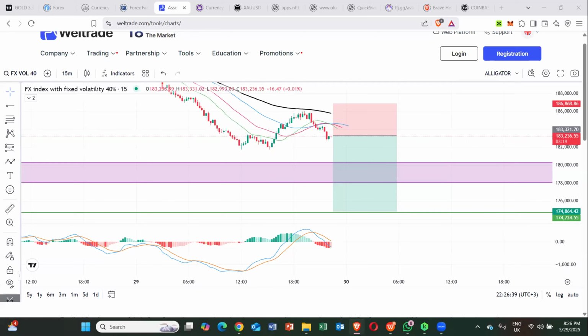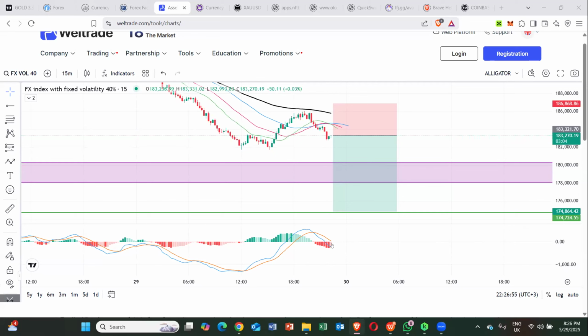Plenty 8, plenty 6. 186,868.86. This is very unique. Okay, so it's on the chat box.